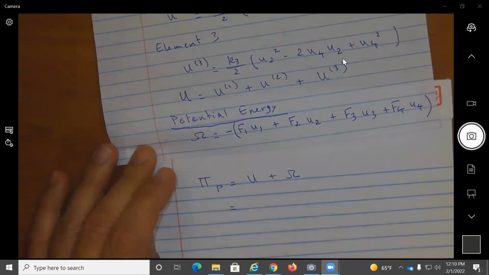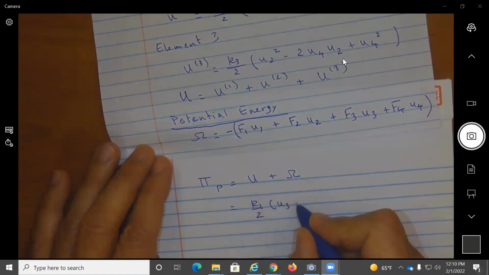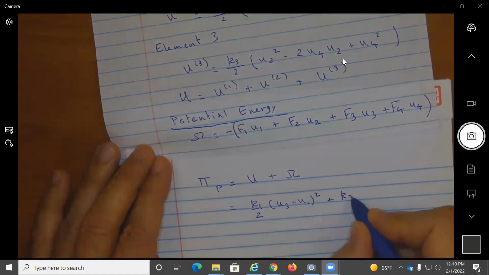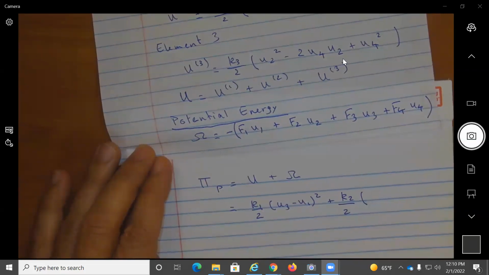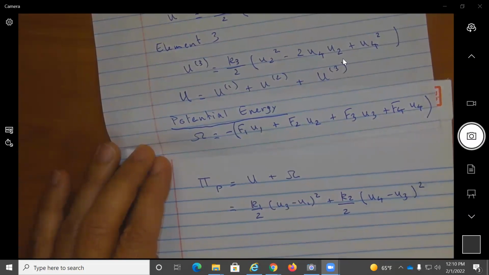I write that as equal to K1 over 2 times U3 minus U1 squared plus K2 over 2 times U4 minus U3 squared plus K3 over 2 multiplied by U2 minus U4 squared.